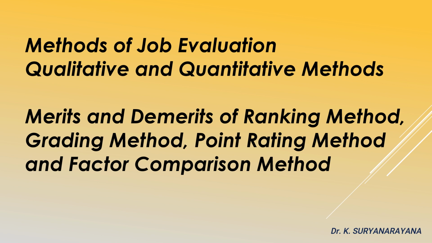Paired comparison. In paired comparison method, each job is paired with every job in the series and the more difficult job in each pair is identified. Ranks are assigned on the basis of number of times a job is rated more difficult. We have columns like, in one column we have pair, in another column we have more difficult job, and in the third column we mention the rank.